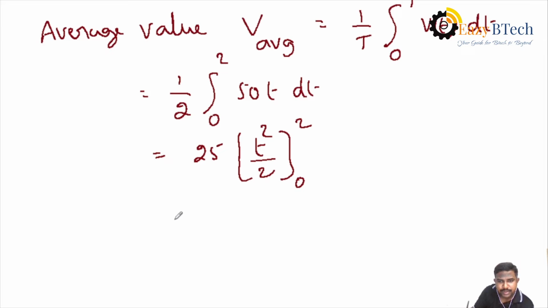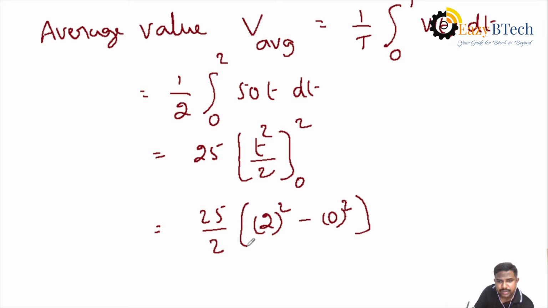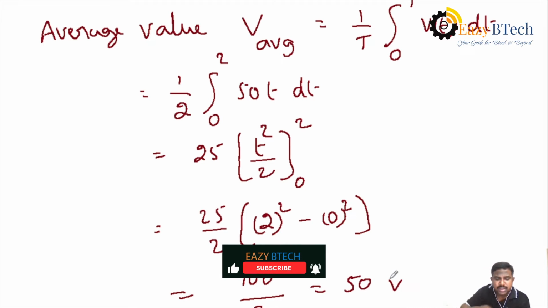Then apply the limits: 2 square minus 0 square. That is 25 into 4 by 2, that is 100 by 2, which equals 50 volts. So that is the average value of the given waveform.